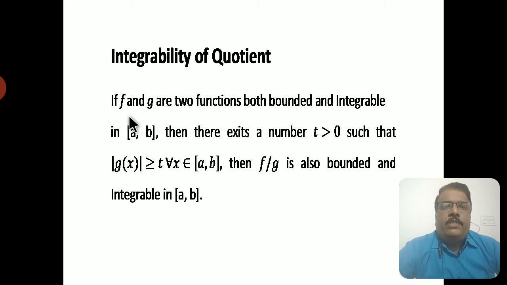It says that if f and g are two functions, both bounded and integrable in the closed interval [a, b], and there exists a number t greater than 0 such that the absolute value of g(x) is greater than or equal to t for all x in [a, b], then f by g is also bounded and integrable in [a, b].